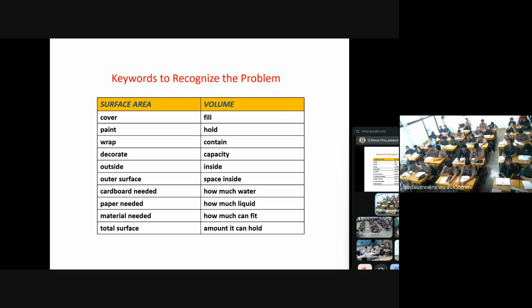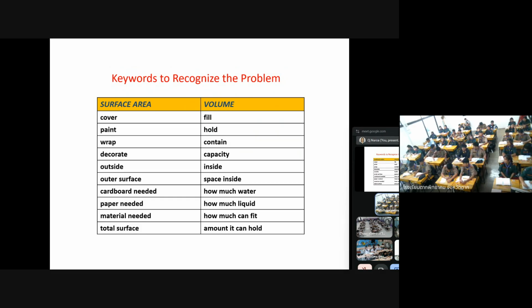That is the keyword. Next, paint. You paint the wall. So that is also outside. Next is wrap. Wrapper, like a gift box, right?